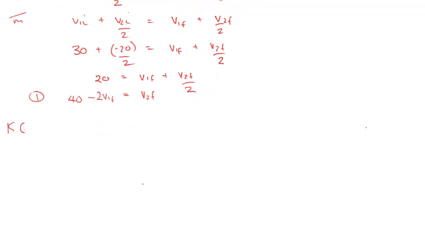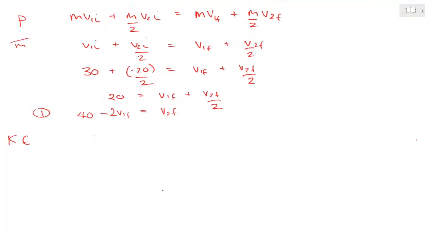So let's start with kinetic energy. Now we could do this the long way by putting in half m v squared plus half m v squared equals half m v of the final velocity squared, and so on. But we're actually going to use that kinetic energy equation that we were shown before, which is the initial velocity of the first object minus the initial velocity of the second object is equal to negative of the final velocity of the first object minus the final velocity of the second object.